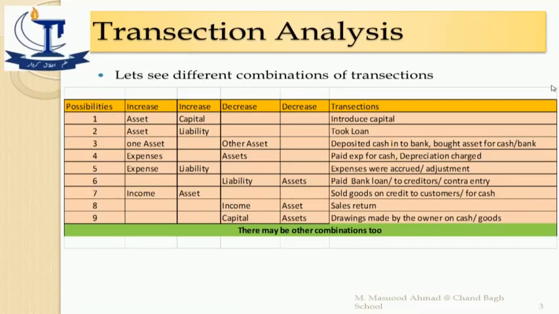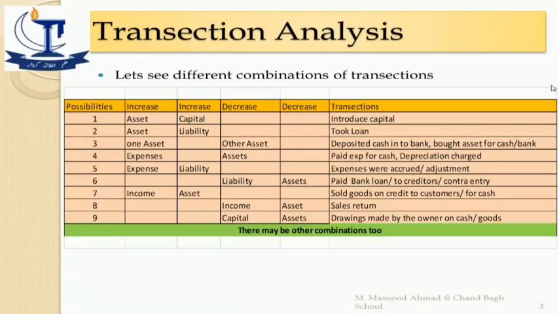If you charge some depreciation, your expenses increase, and the second effect is that your accumulated depreciation, or provision for depreciation, that is a contra asset, increases. We will discuss this in upcoming lectures. Depreciation of non-current assets is a full-fledged topic, and we will discuss it in coming slides.